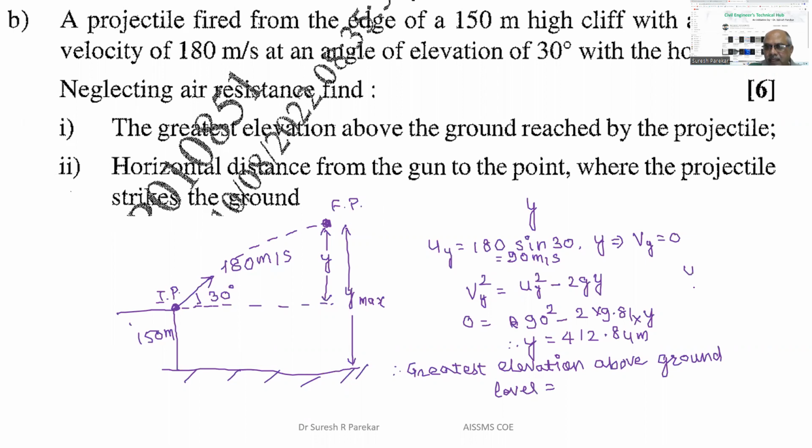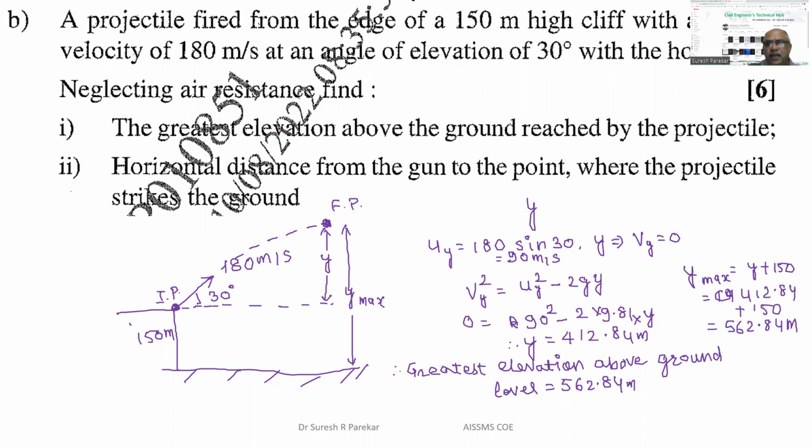So now y max, if I will mention whichever I have shown in figure, so y plus 150, and y we have 412.84 plus 150, and then we have this is equal to 562.84 meter. So we can write here 562.84 meter.